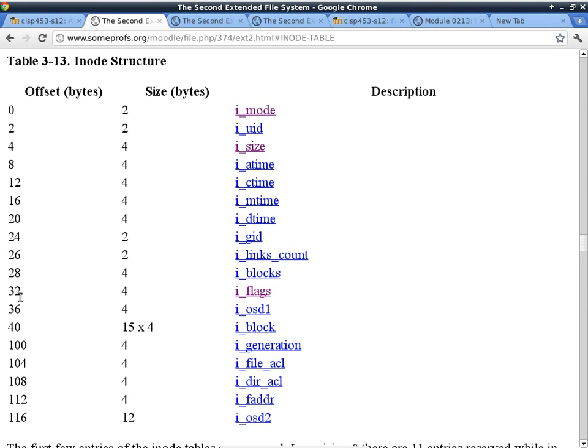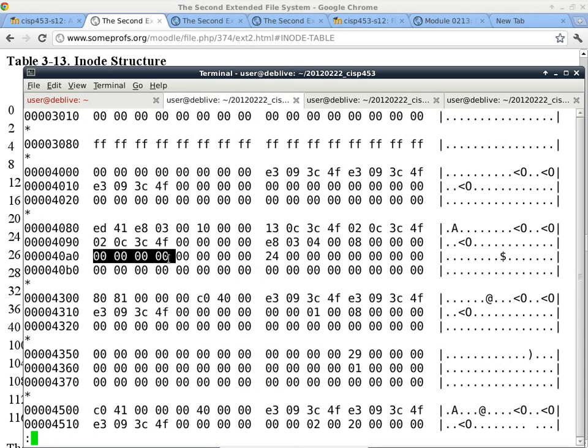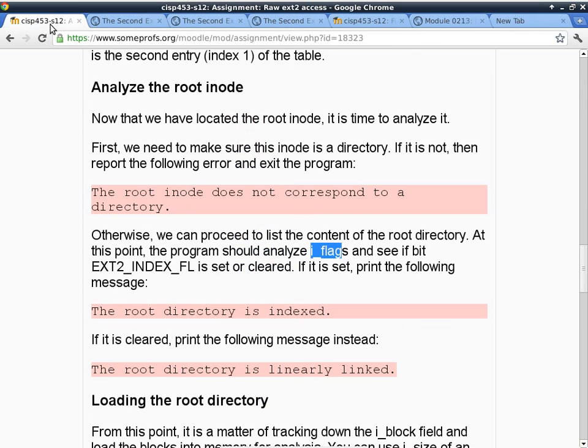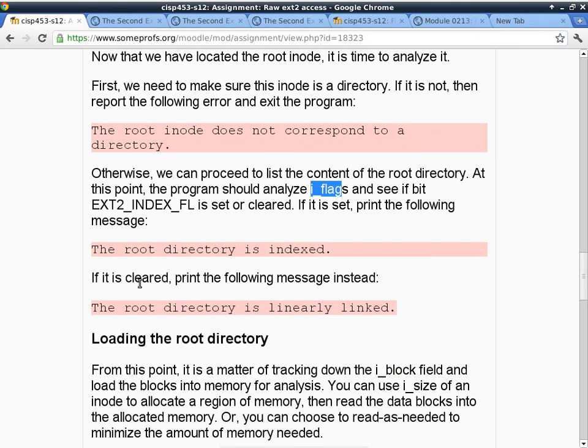Yep, it's 32. So I flags is all zeros, which means it is not indexed. Okay. So in this particular test case, the root directory is not indexed, which means you have to print it is linearly linked.